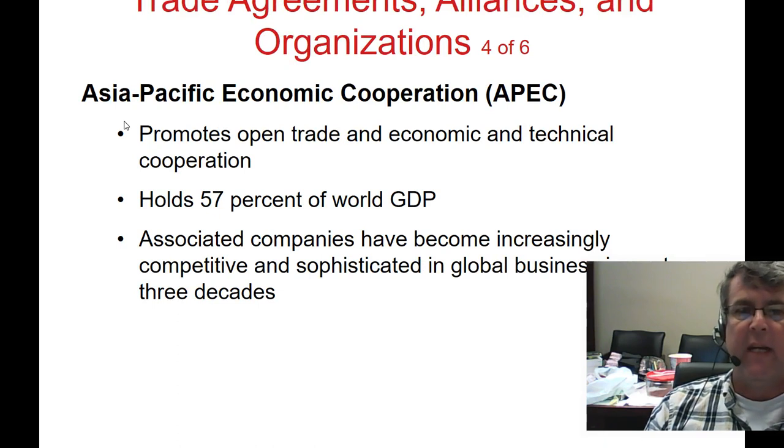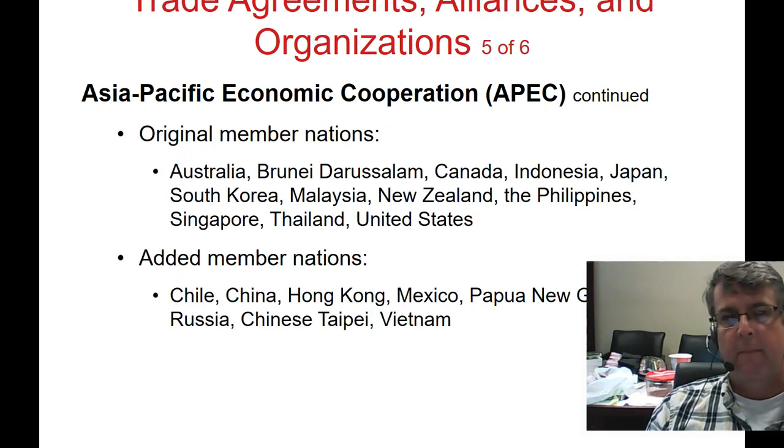The Asia Pacific Economic Cooperation, APEC, promotes open trade and economic and technical cooperation, and holds 57% of world GDP. Associated companies have become increasingly competitive and sophisticated in global business in the last 3 decades. Original members included these countries.